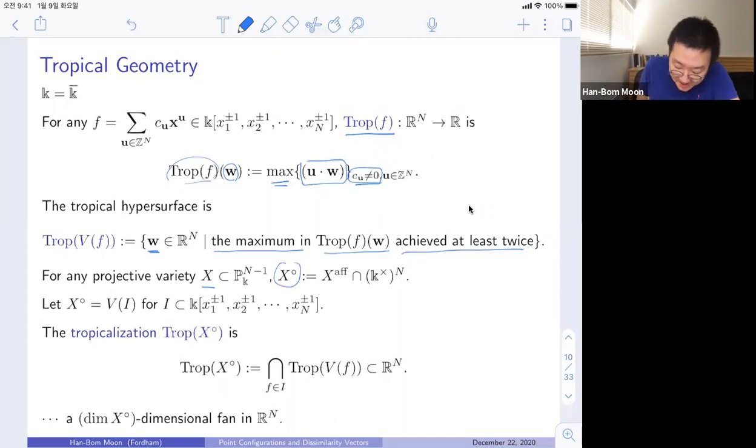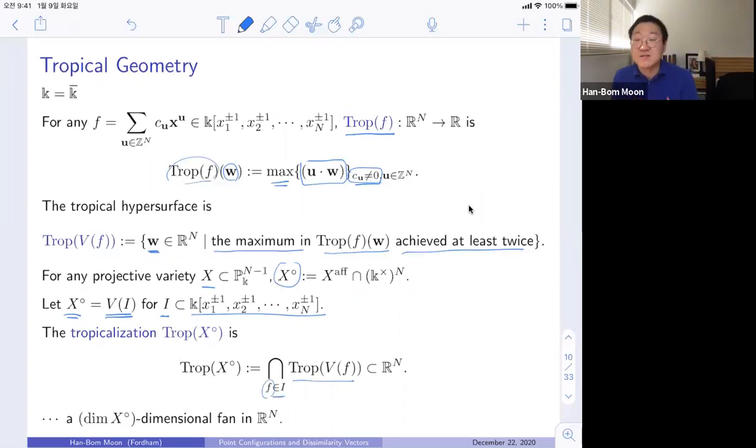This variety is defined by an ideal I in the Laurent polynomial ring. Then the tropicalization of X circle is the intersection of all tropical hypersurfaces where f is in the ideal I.